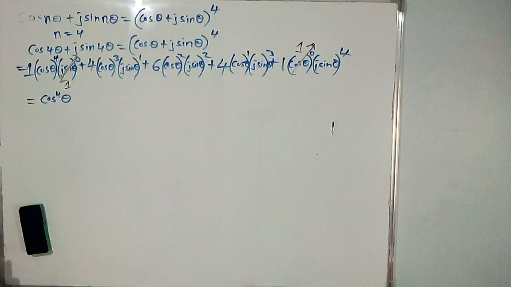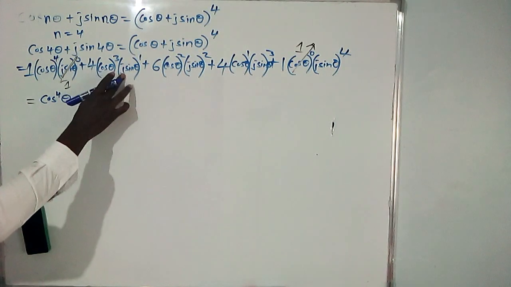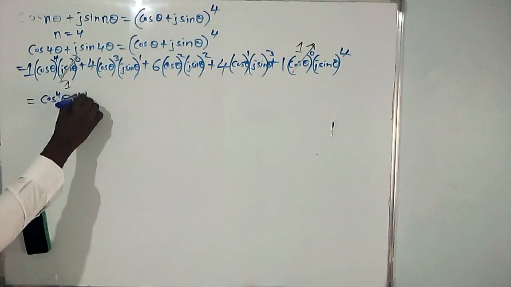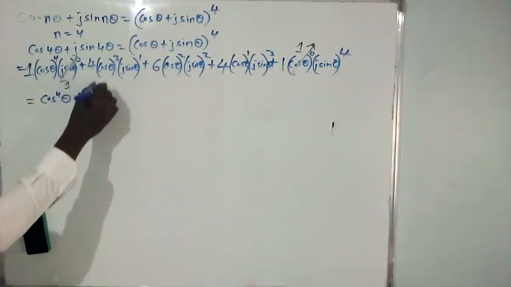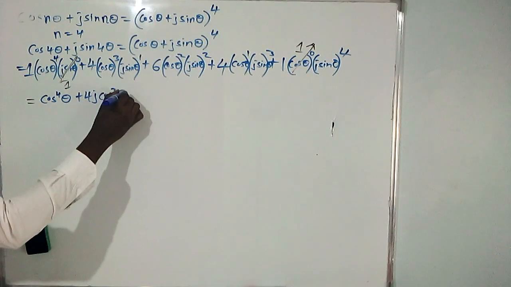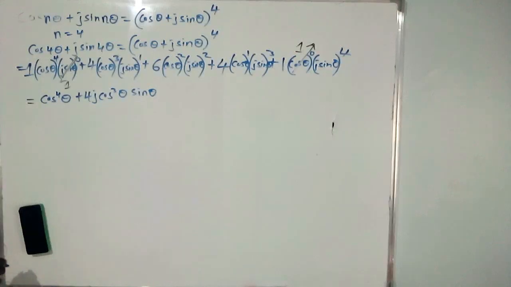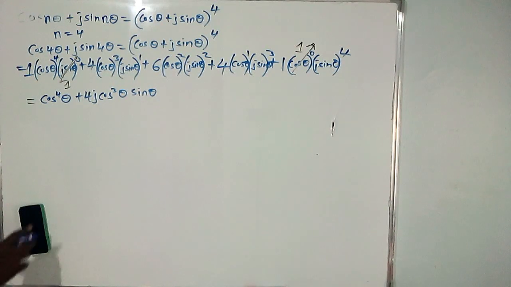Then you move to the second one. j raised to power 1 is just j, so j times 4 is positive 4j. Then cos theta is raised to power 3, that is cos³θ, and sin theta is raised to power 1, that is sin θ. You've simplified that.